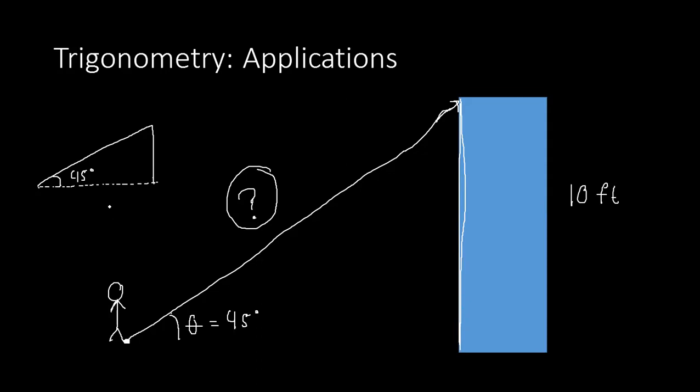You see what I mean here? So 10 feet tall, then you're asked to find this one. This is basically the distance between you and the building. You see my point here? This is another application of trigonometry.